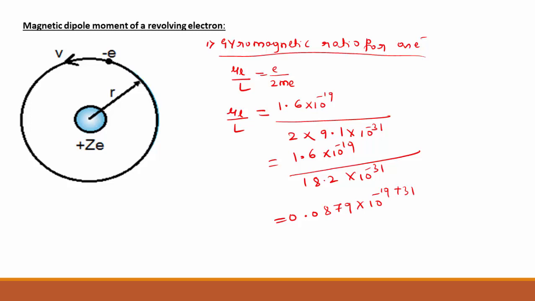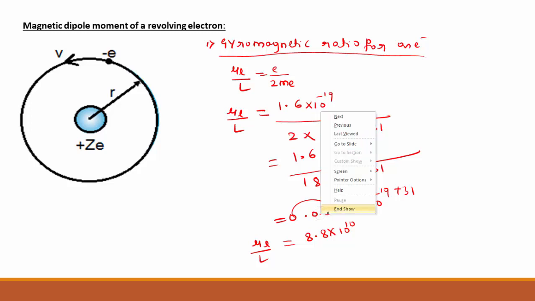Directly you can write, μL divided by L is equal to 8.79, or nearly about 8.8 into 10 to the power of 10. Actually minus 19 plus 31 gives 12; rearranging this value, we get 8.8 into 10 to the power of 10.